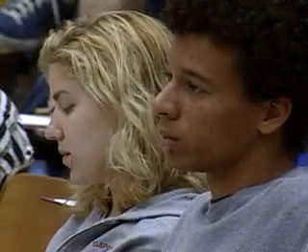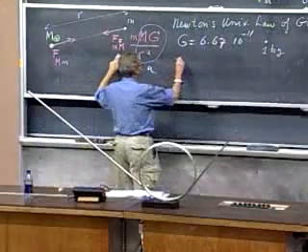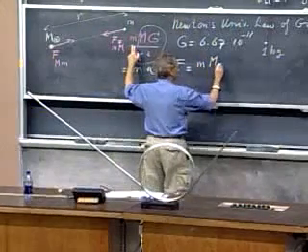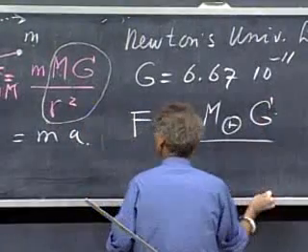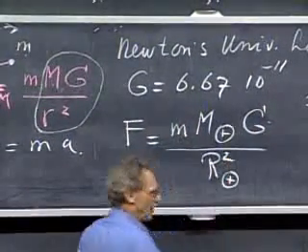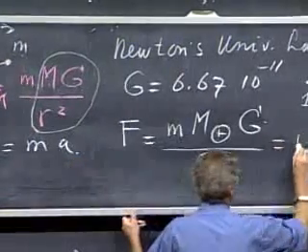If you are standing near the surface of the Earth, then the force that I will experience is my mass times the mass of the Earth times the gravitational constant divided by the radius of the Earth squared, just like we had here in 26.100, and so this must be mg.